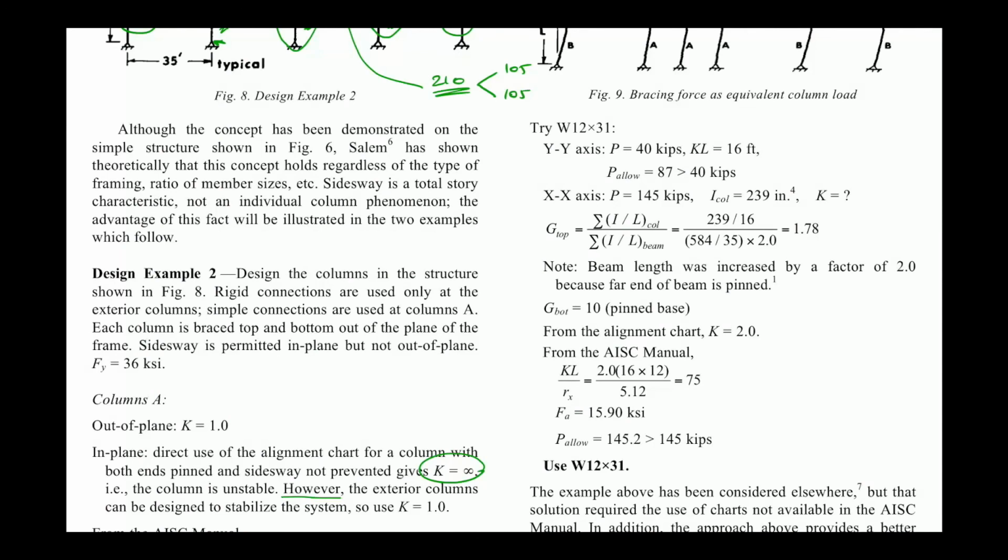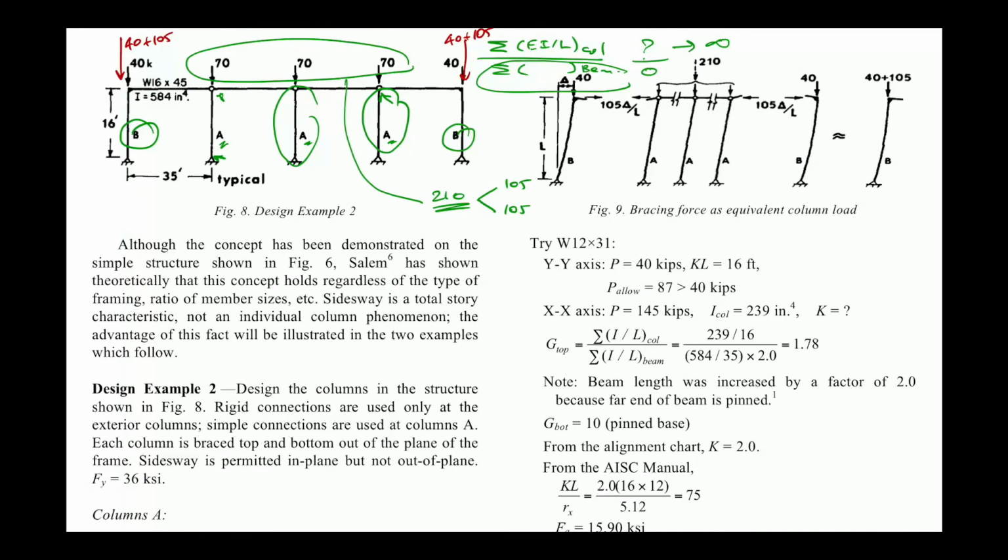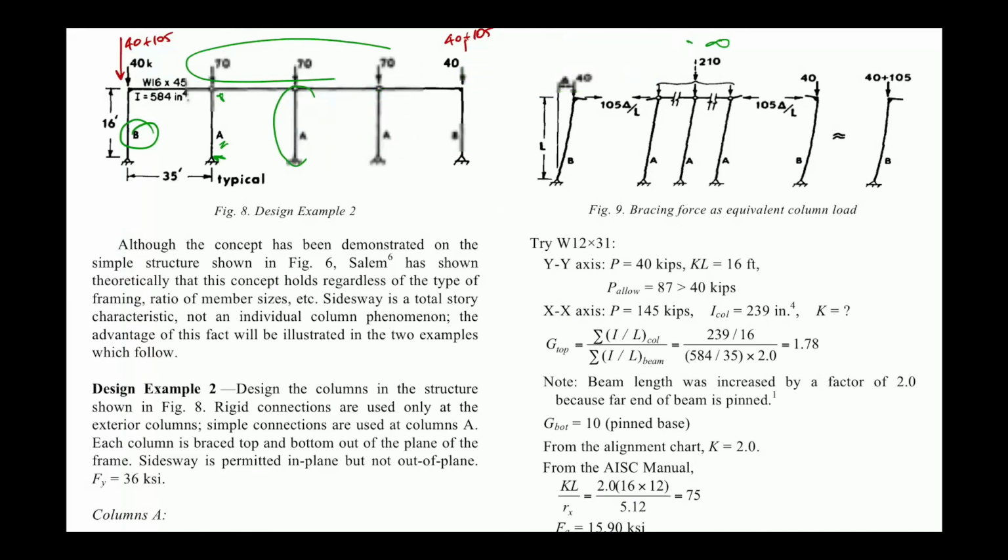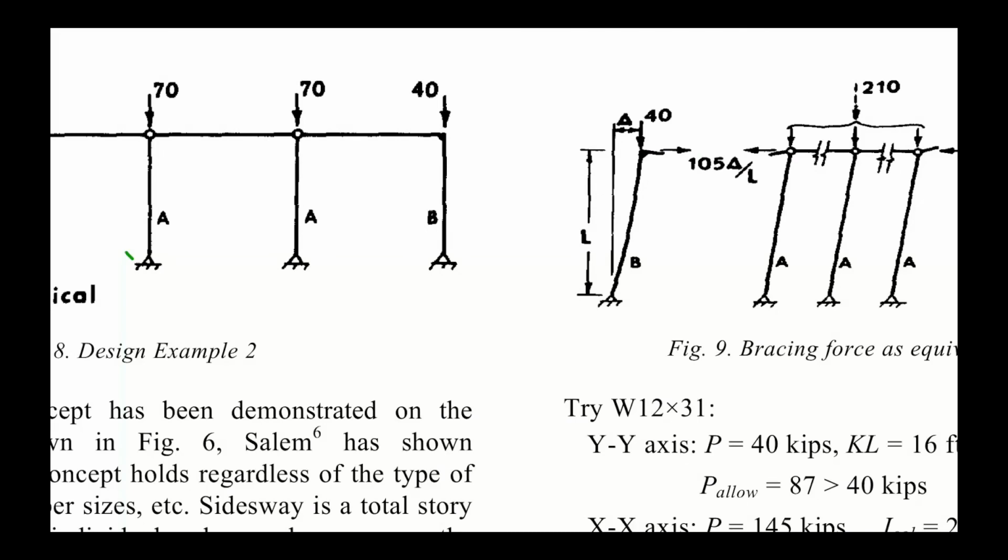So we determine the G. You have two G's. This case illustrates the different G. Milk, you used to ask me about that, so you can look at this. You have G top and G bottom. G bottom is equal to infinity, right?